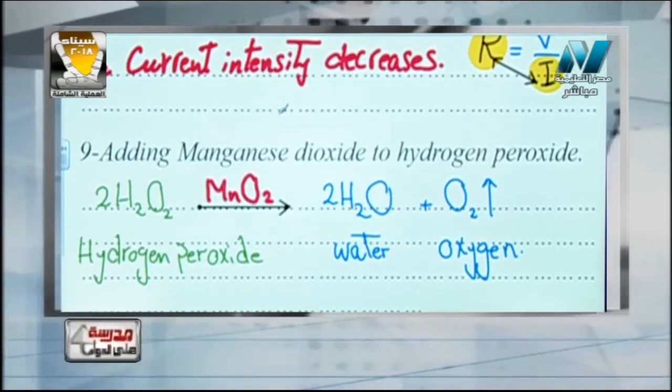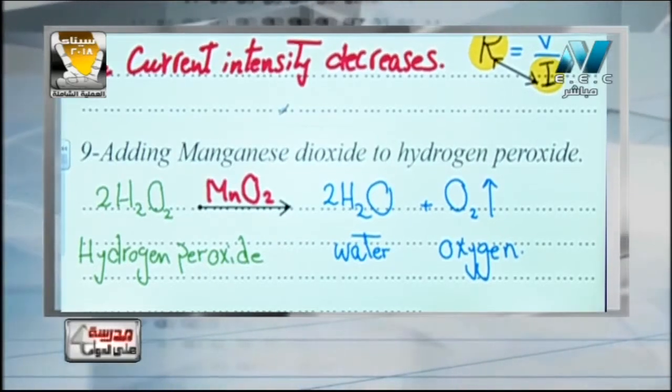At this point, dear students, we must pay attention: if we have any question that contains a chemical reaction or a substance we add to another substance, or heating or anything like that, we can answer by using the chemical equation, in give reason or in what happens when.